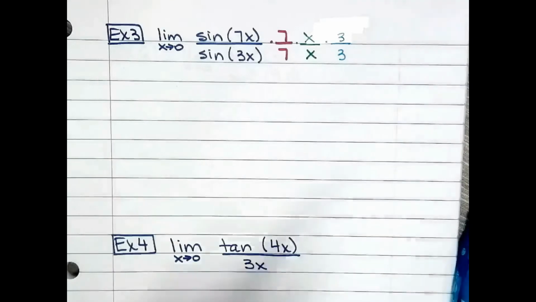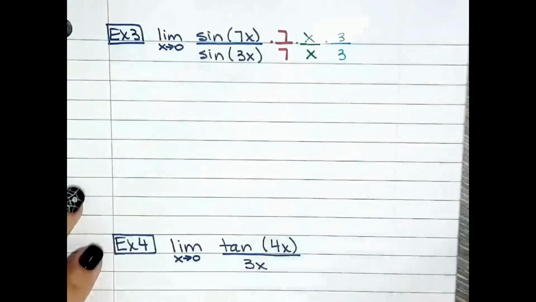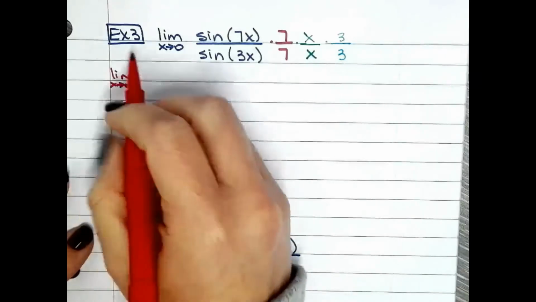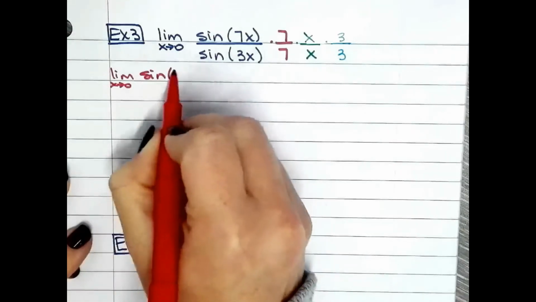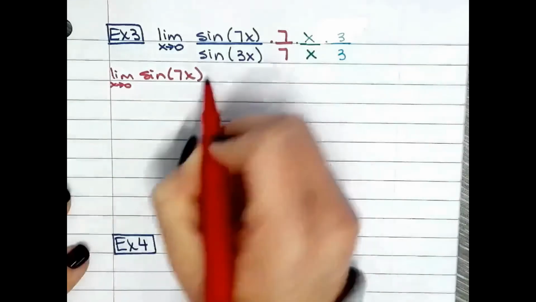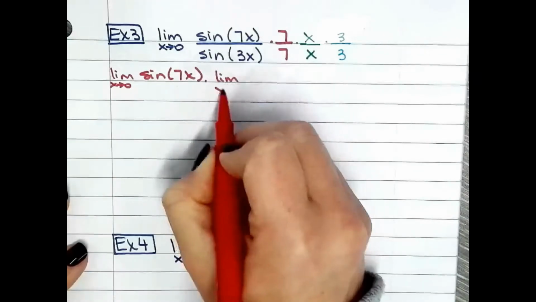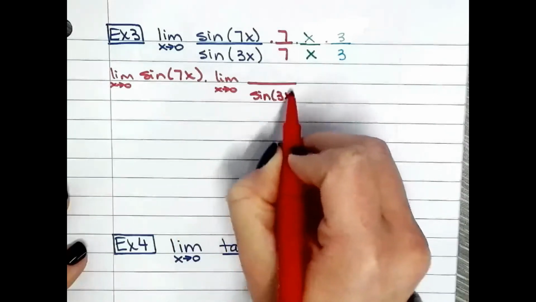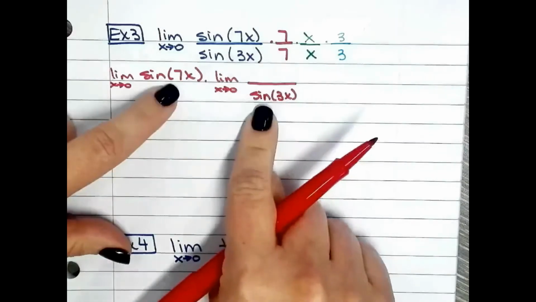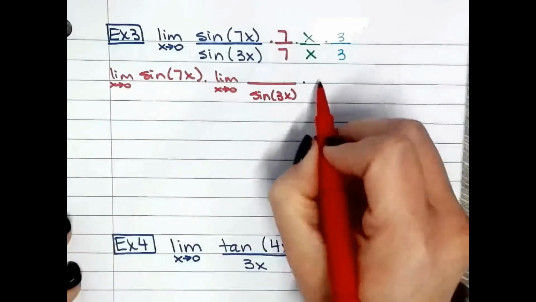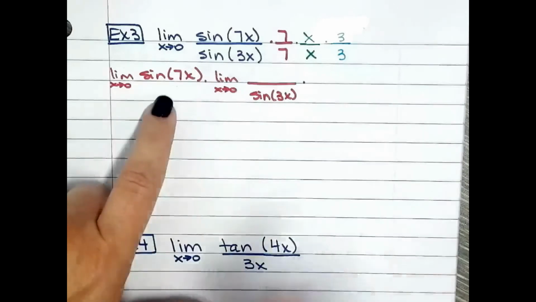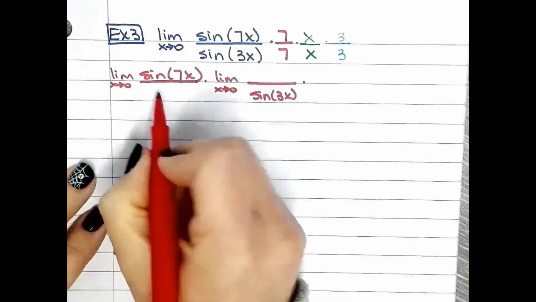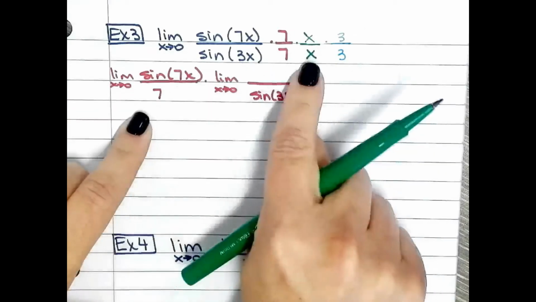Okay, so I have the limit as x approaches 0 of sine of 7x, and I also have the limit as x approaches 0 of something over sine of 3x, because I'm just splitting that up. Now, I need 7x in the denominator right here, and I have this 7 in red and this x in green.